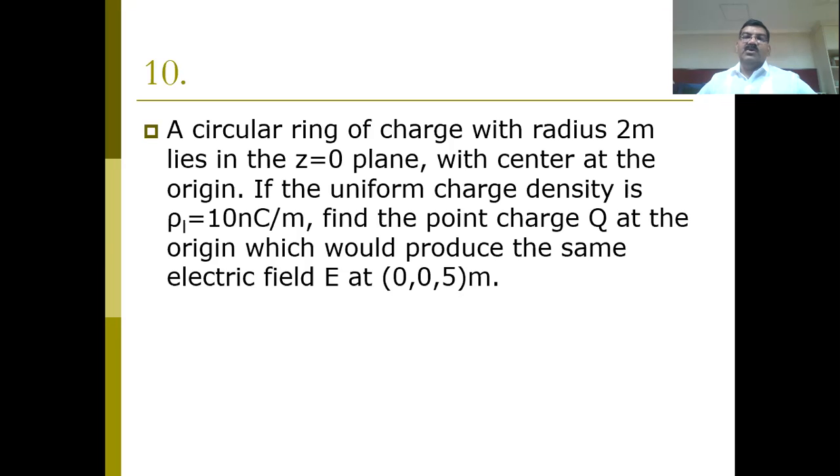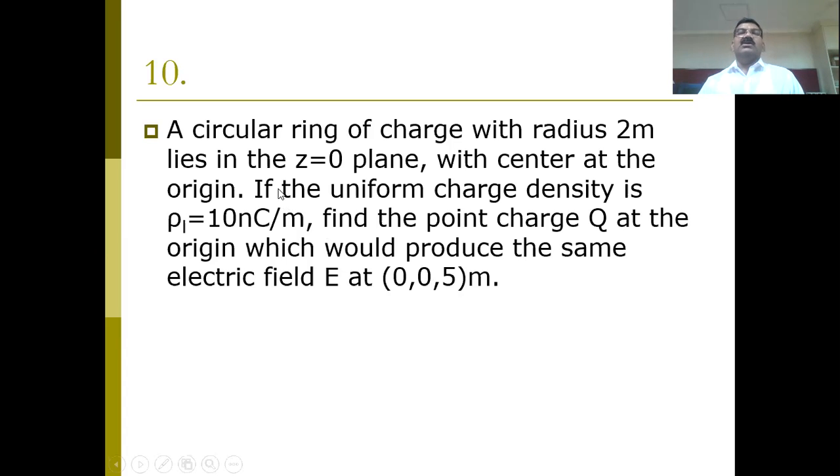If the uniform charge density is rho L equals to 10 nanocoulomb per meter, find the point charge Q at the origin which would produce the same electric field intensity E at (0, 0, 5) meter, same as the previous.